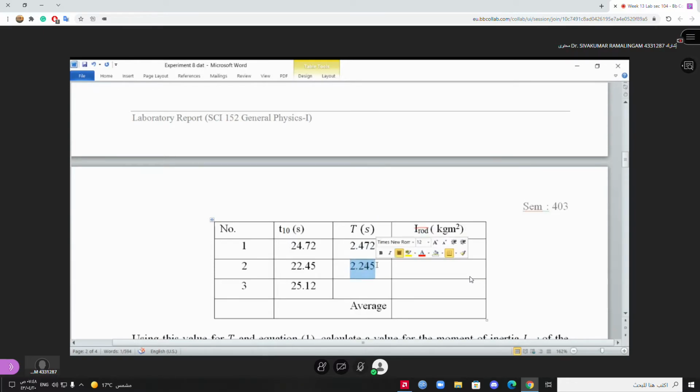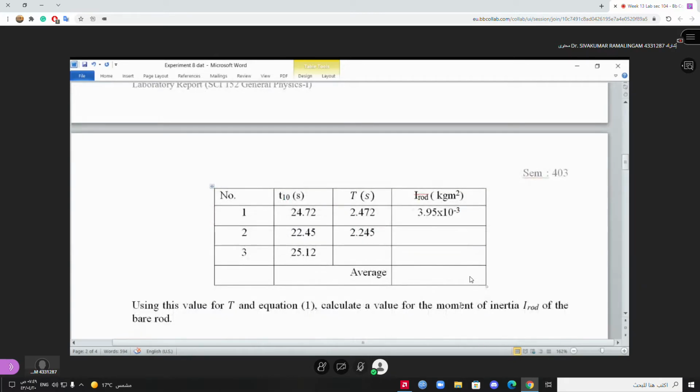Substitute the other t value in the same formula, you will get a different value because t is different. After calculating three values, find the average of that. Write the average here. This is the average moment of inertia for the rod only.